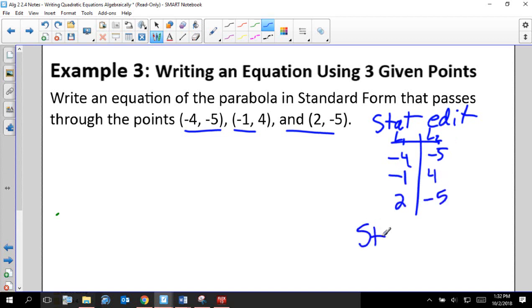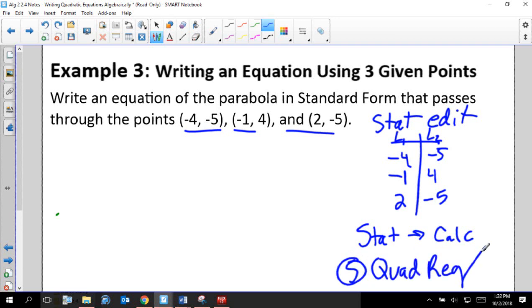And then stat, calc, quadratic regression. And that will give you the equation for example 3. I'll let you do it, and then we'll check answers.